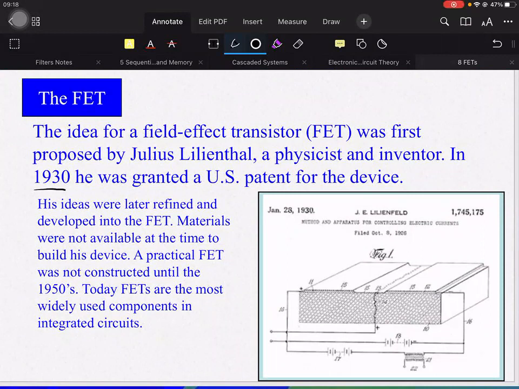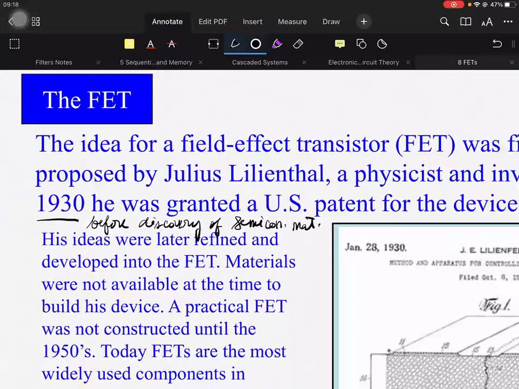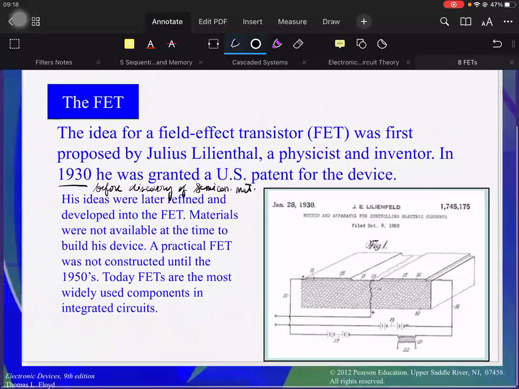So in the 1930s, this was before the discovery of semiconductor materials like P-type material and N-type semiconductor material. His ideas were later refined and developed.